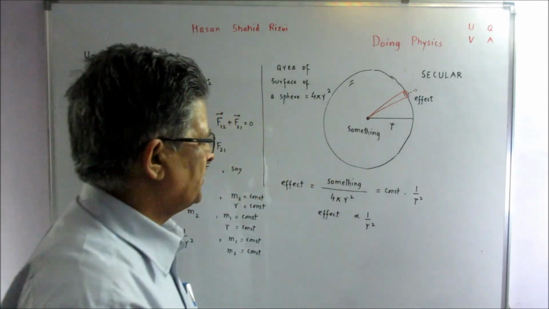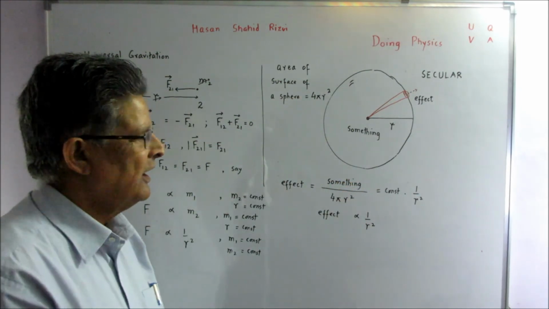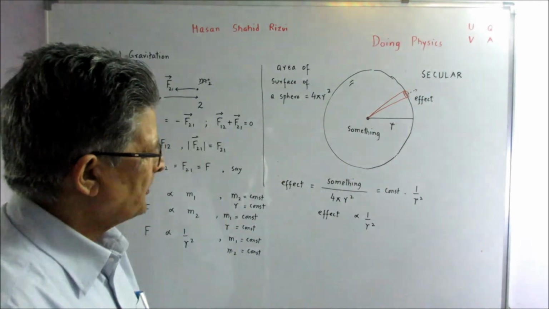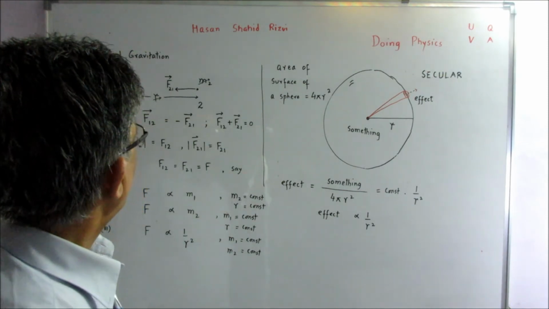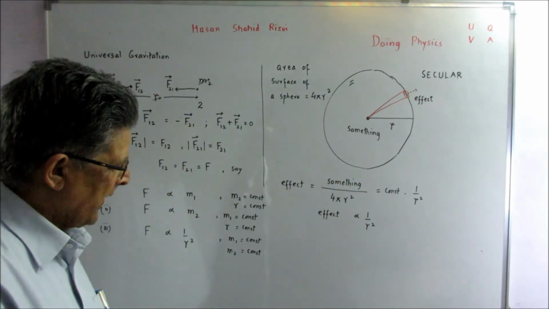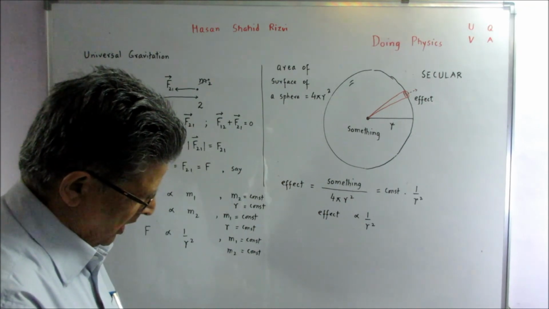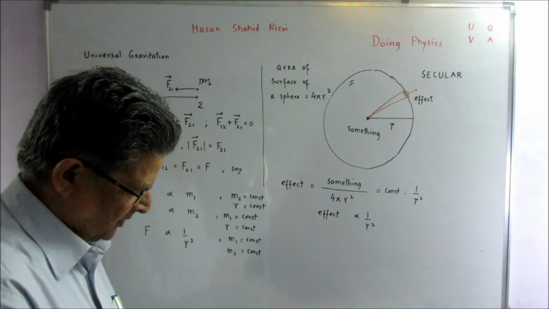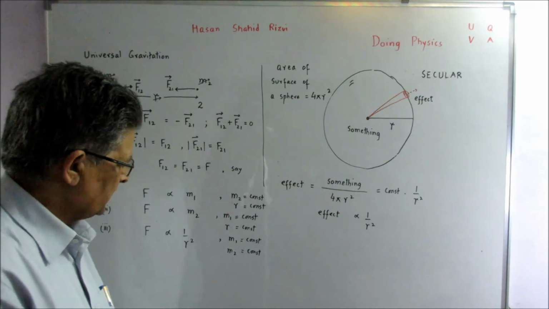Now the same kind of logic can be applied in the case of Coulomb's law, in the case of illumination from a point object in optics, and here of course in the case of gravitation, universal gravitation. Now we stop here, and I will tell you to learn about something called mathematical consistency.